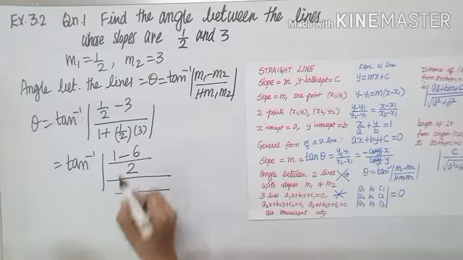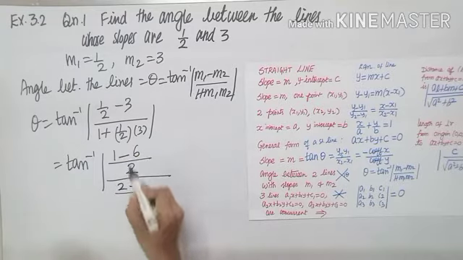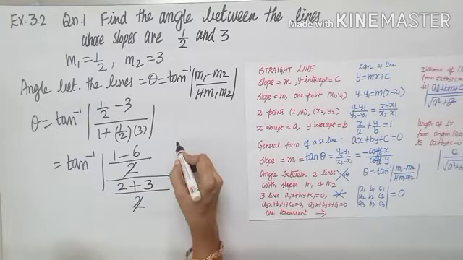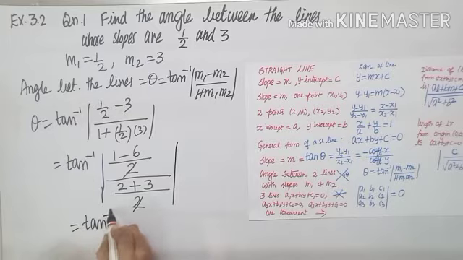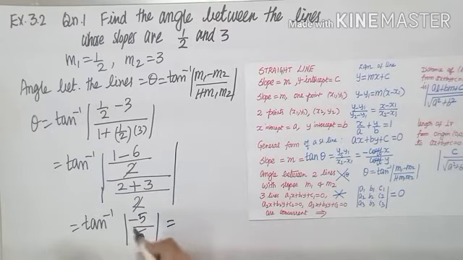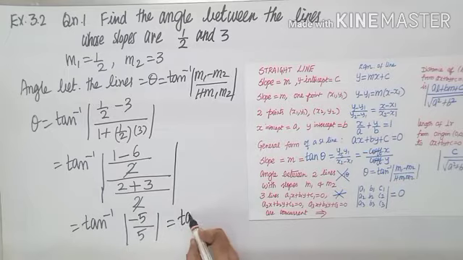Cross multiply, 1 into 2, 2, plus 1 into 3, 3. Down I can cancel. Denominator and denominator we can cancel. 1 minus 6 is minus 5. 2 plus 3 is 5. Modulus is there. Negative number we can write as positive.